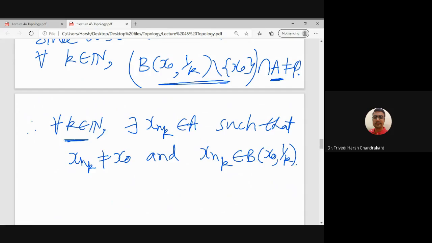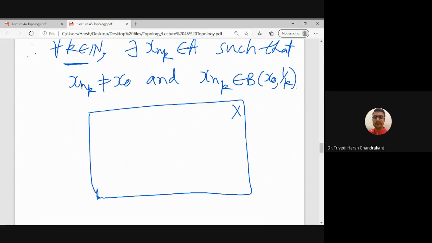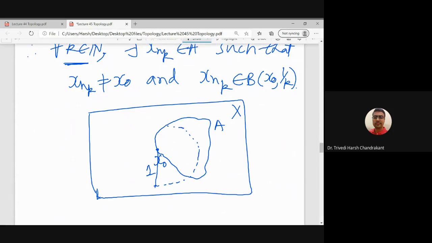So what is happening, let us see by the diagram. So I have a metric space X, and I have a point x naught here, and x naught is a limit point of a particular set A. So what we are considering is the different lengths. Suppose this is my length 1 from x naught, right?